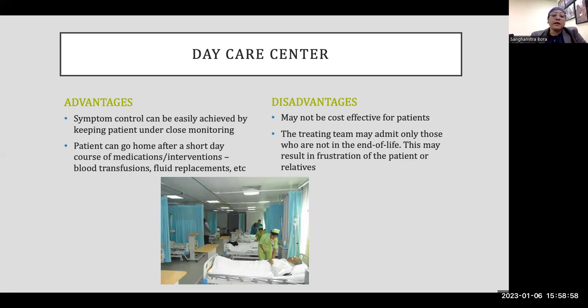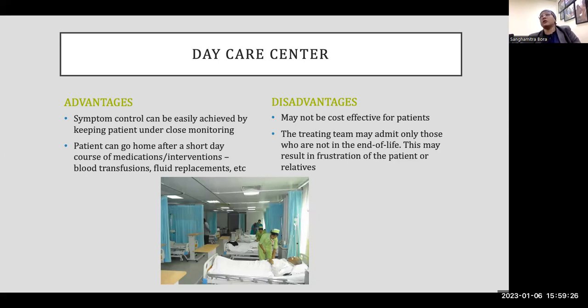But then there are also disadvantages. You can see in the picture that it's a world-class kind of facility. Things seem to be very expensive. The medications may also be expensive. So it may not be cost effective for patients. Okay. The treating team may admit only those who are not at the end of life.